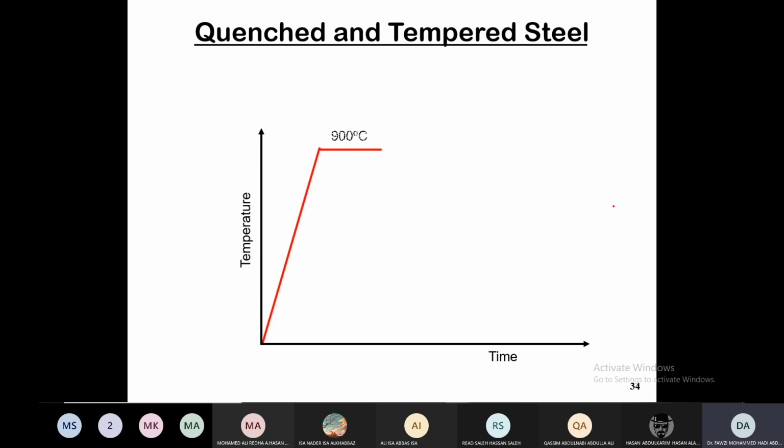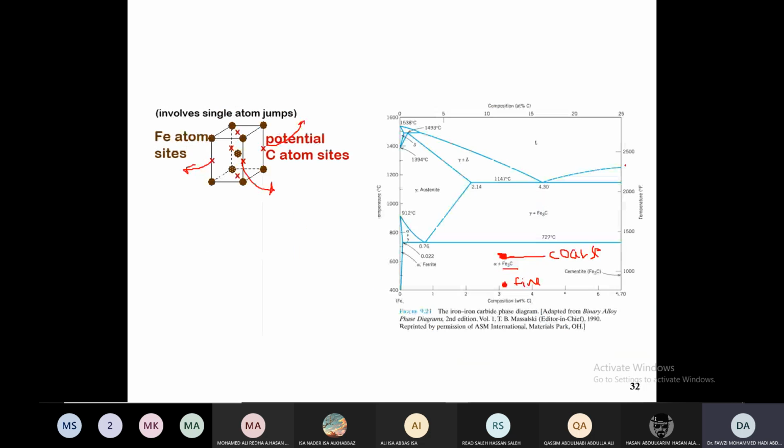Inside the process of doing that, the heat treatment, normally the heat treatment cycle that we normally use is that we raise the temperature, let's say, to the austenitization temperature, to be in the austenite zone, basically.